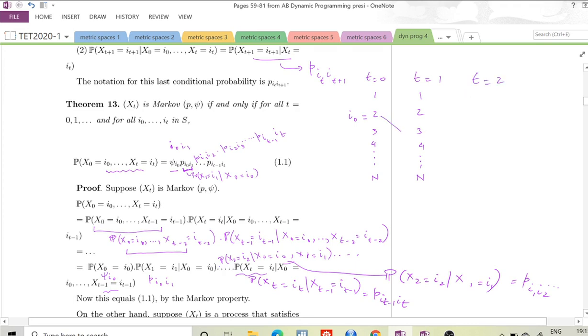So suppose it makes a transition here. So that's my i1, right? Then suppose it makes a transition to this state, that's my i2, and I can ask, well, what is the probability of this path? Start at state 2, then go to state 3, then go to state 4, right?